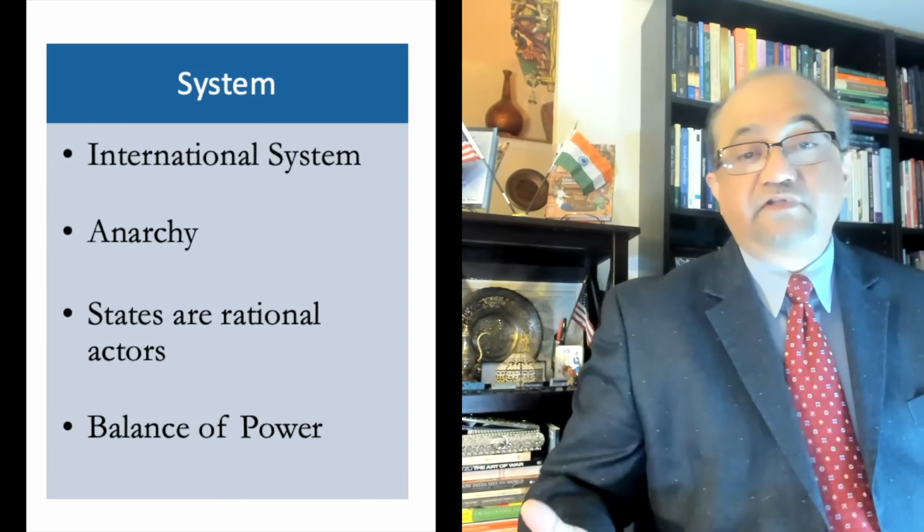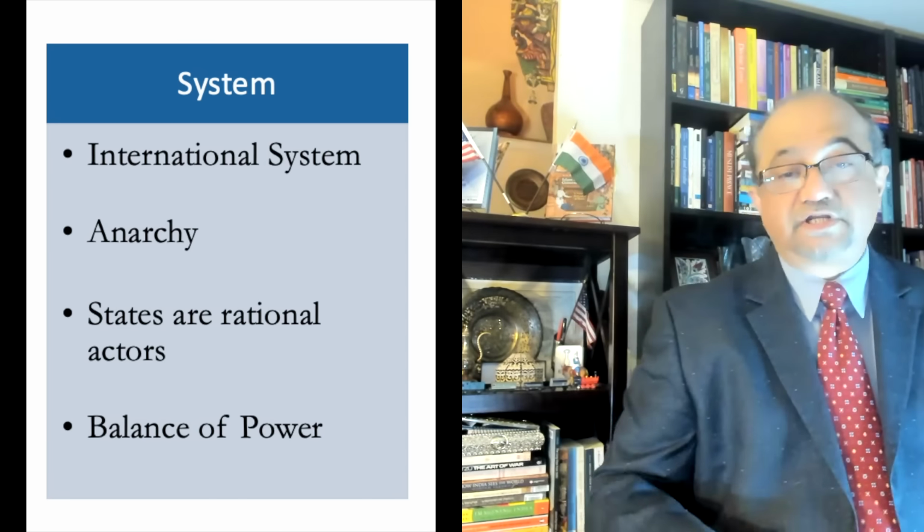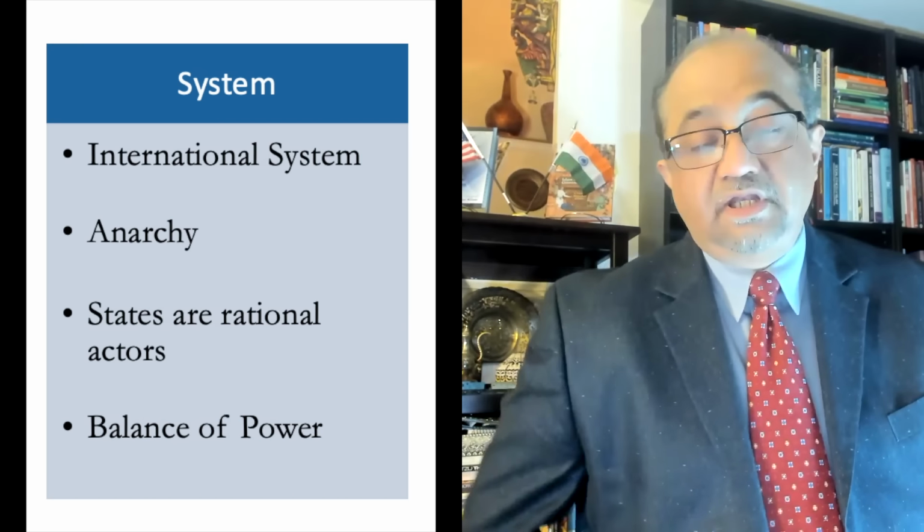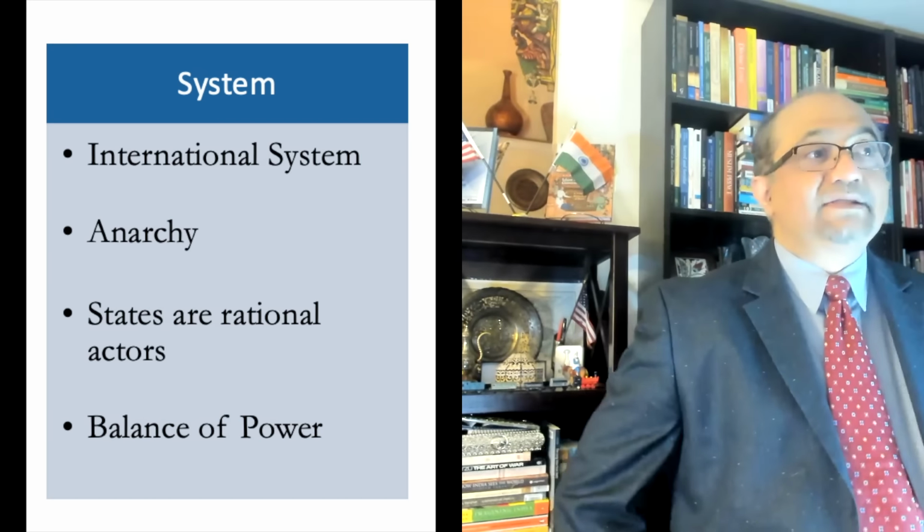If Ukraine was left alone, perhaps Russia would have conquered it in a month or two. But the fact is that Ukraine is being helped by more than 30, 40 countries, the entire European continent, the United States, Canada, and their allies. This clearly shows that the assumption that in a state of anarchy, self-help is critical, does not hold.